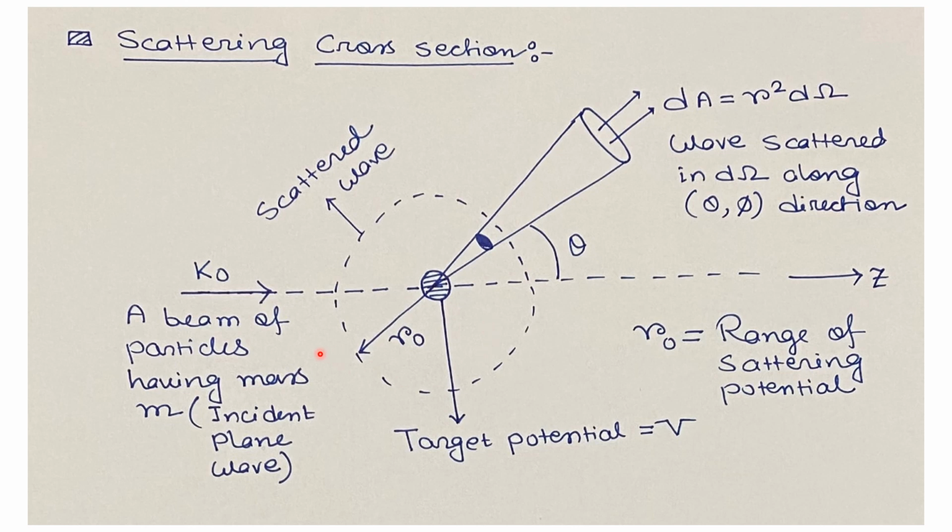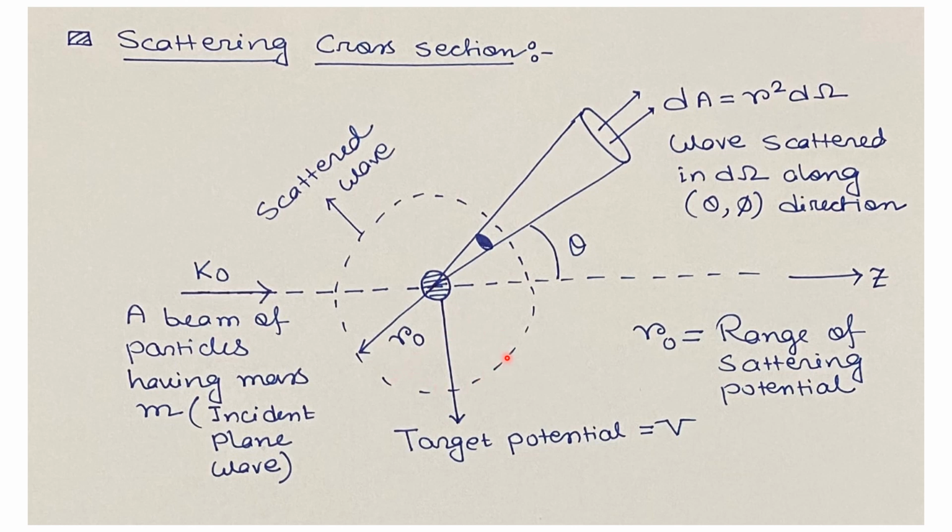Now when the incident particles reach near the target potential, they will experience a force. The range of the scattering force will be effective up to a distance r0.